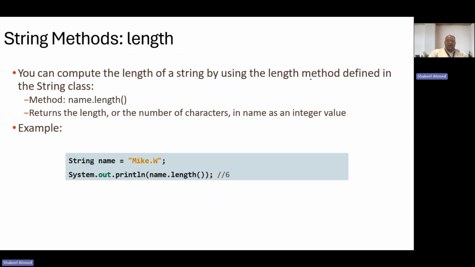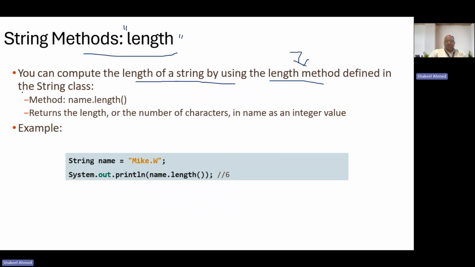So now you see the first method that we would like to use on the strings is length. You can compute the length of a string by using the length method defined in the string class.